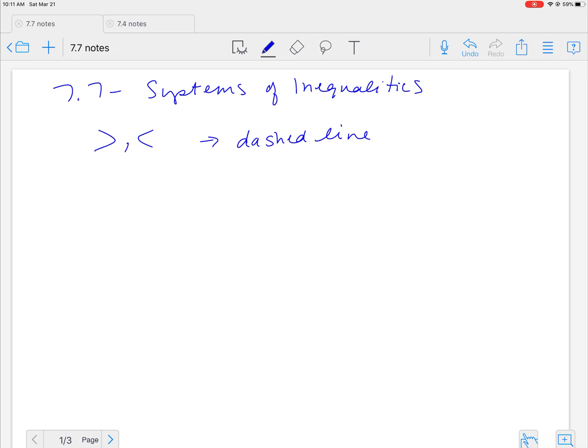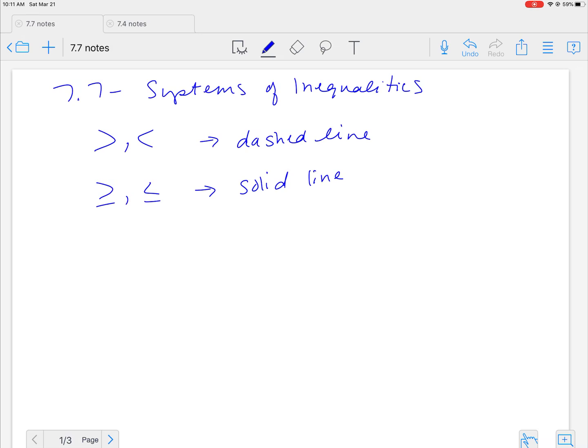My graph is going to be dashed at that place. If I have the or equal to, that means that is also included. If that is included, then it's going to be a solid line, or whatever graph it is that I'm doing.